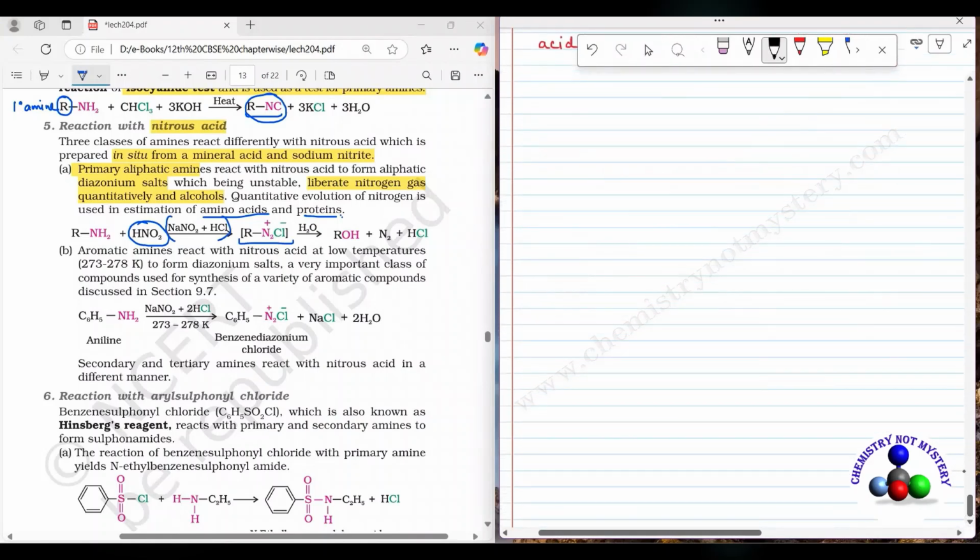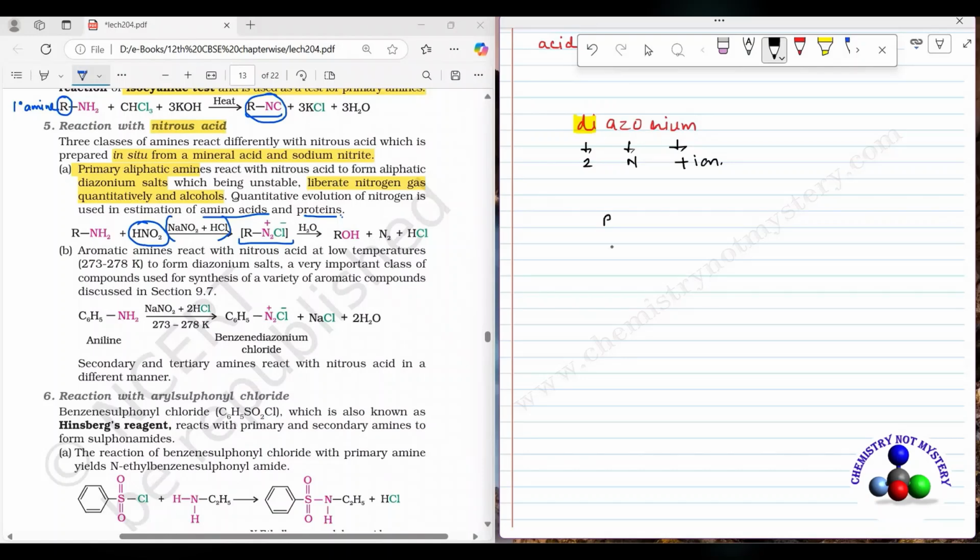So let's try to understand the meaning of diazonium. This is diazonium. Di means two, azo means nitrogen, and ium is used for positive ion. In diazonium there are two nitrogen which carries positive charge.